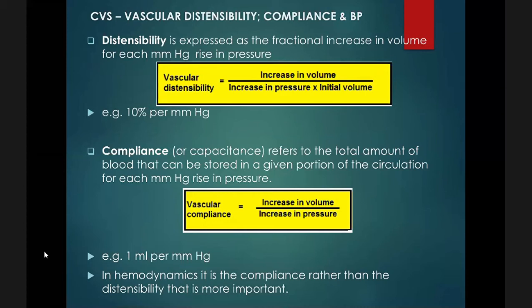Okay? The rise in volume with respect to the rise in pressure is what we call as stress relaxation.